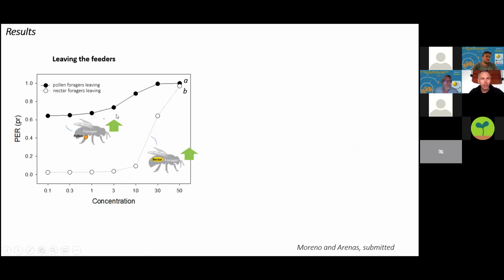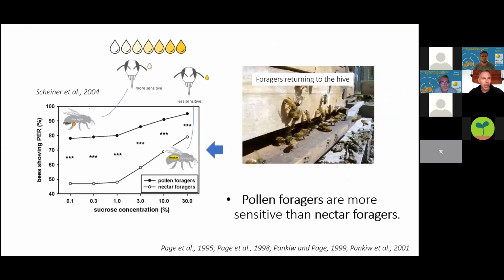It means that they were at the end of their foraging visit, and in this condition pollen foragers were more sensitive than nectar foragers. This is in agreement with studies shown by Scheiner and other authors. You see that the curves are very similar, with pollen foragers being more sensitive than nectar foragers.